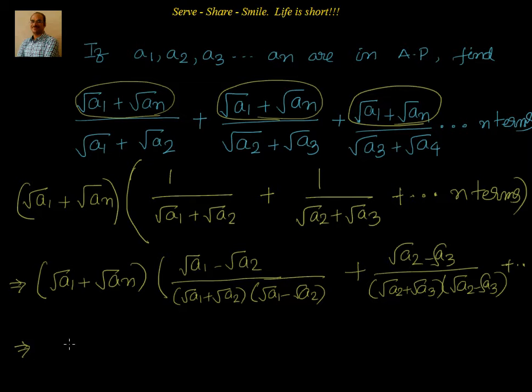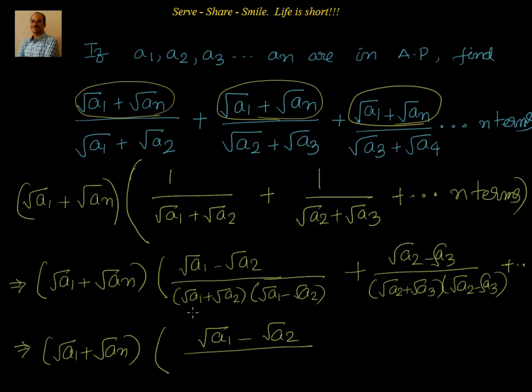Now once we rationalize, root of a1 plus root of an will be common as it is. Now the numerator is root of a1 minus root of a2, and the denominator is in the form of a plus b into a minus b, which is nothing but a square minus b square.